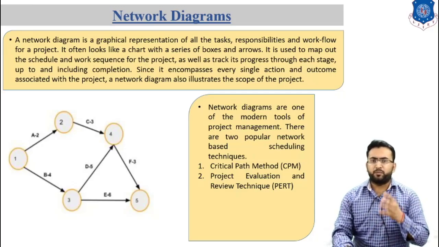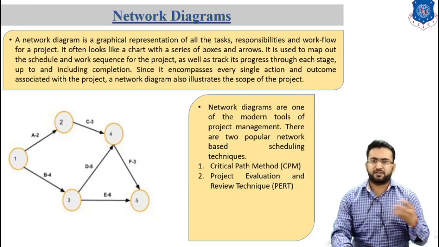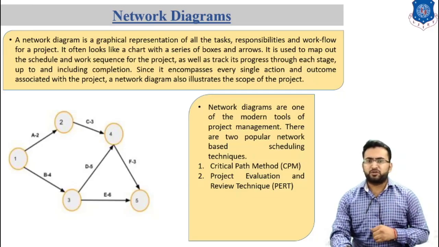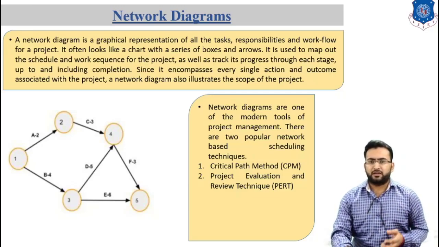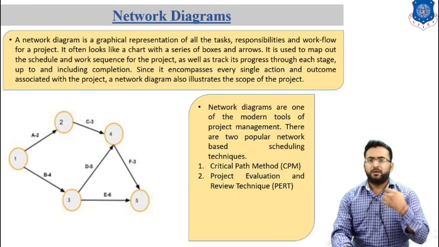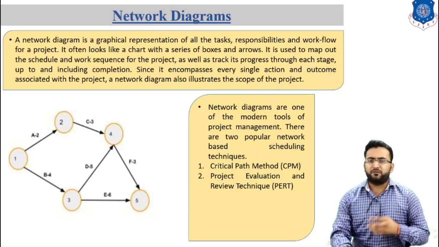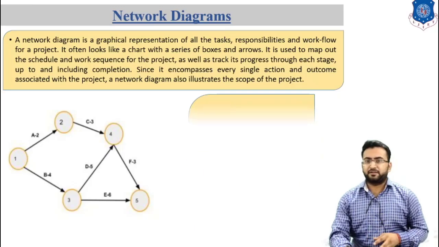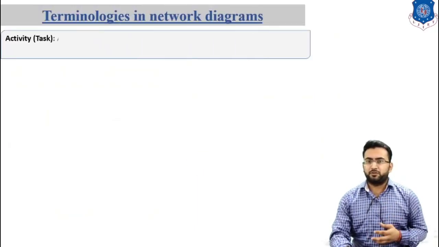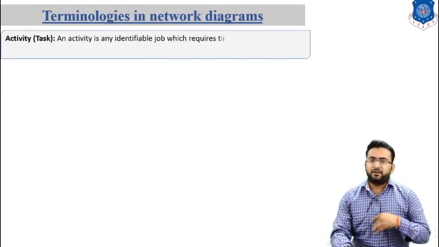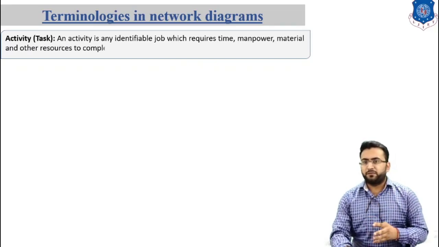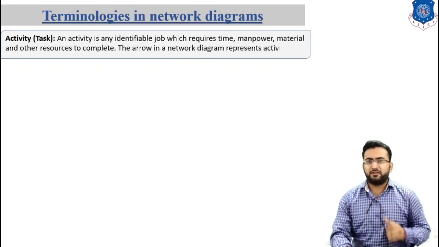There are two popular scheduling techniques: the critical path method, also known as CPM, and the project evaluation and review technique, known as PERT. Before we start talking about them, it is necessary to understand the various terminology used to define a network diagram.